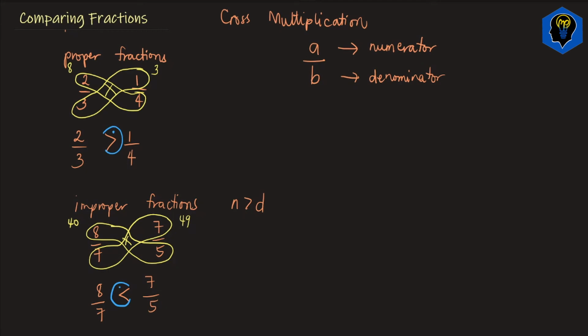Okay? Now, what if we have mixed numbers? So, mixed numbers, again, are combination of whole numbers and fractions. So, let's say meron kang 1 and 2 over 7. Compare it with 2 and 3/4.